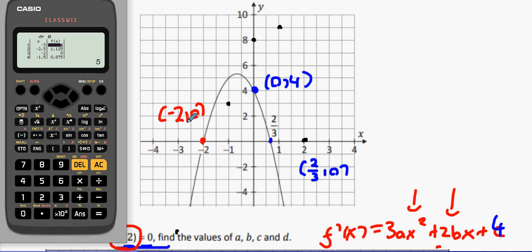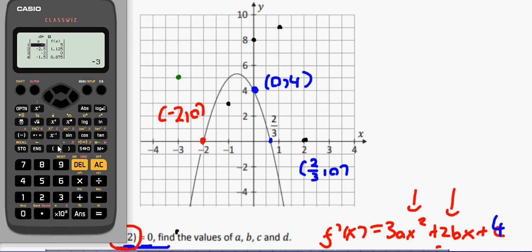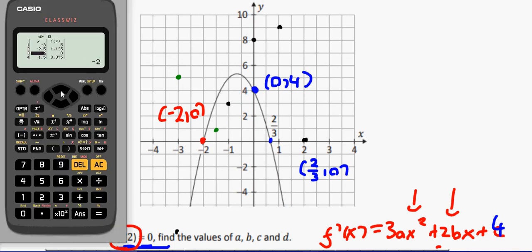Oh, that's interesting. Minus 2 is 0. 1.5 is 0.8. So it's really concaving in. And then 2.5 is 1.125.